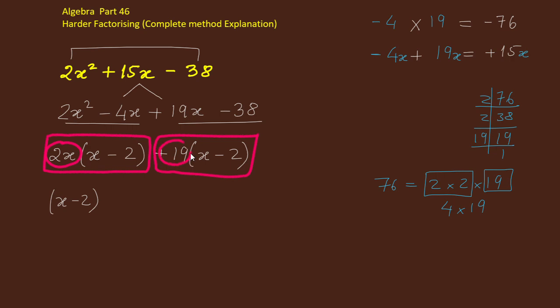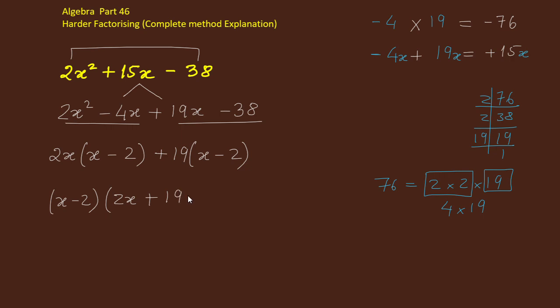These two will be remaining. So we'll write bracket, and in the next bracket we'll write what's remaining outside the bracket. So 2x, and from here we have plus 19. This is how the factorization works.